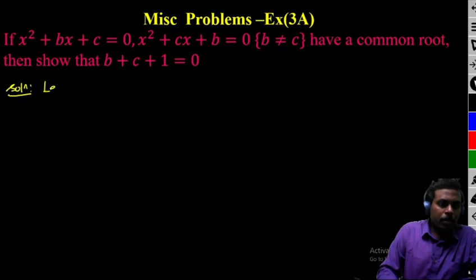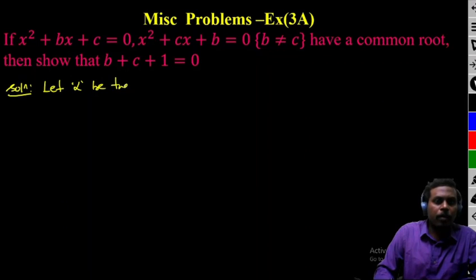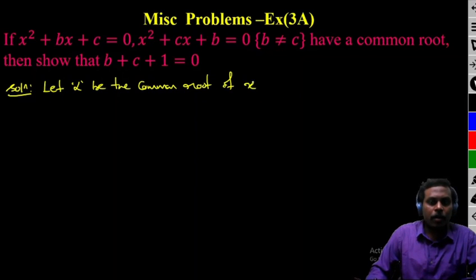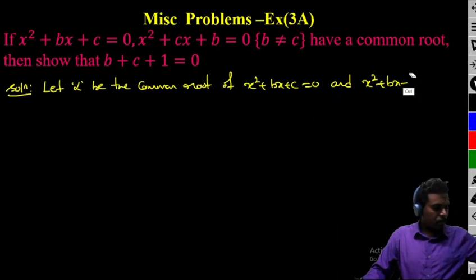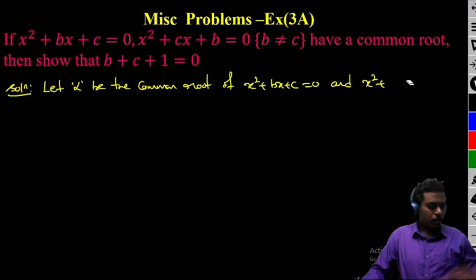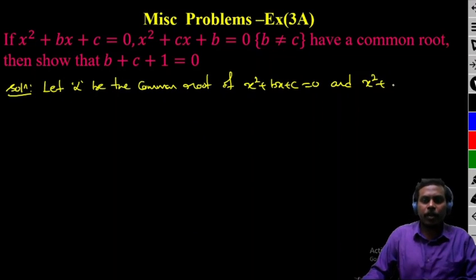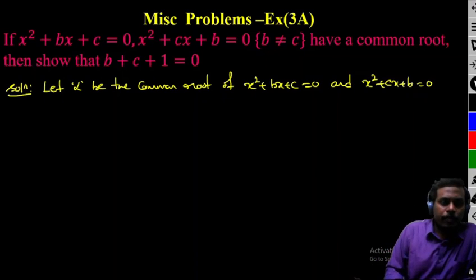Let alpha be the common root of x square plus bx plus c is equal to 0 and x square plus cx plus b is equal to 0.